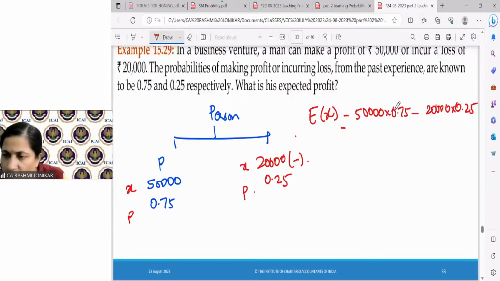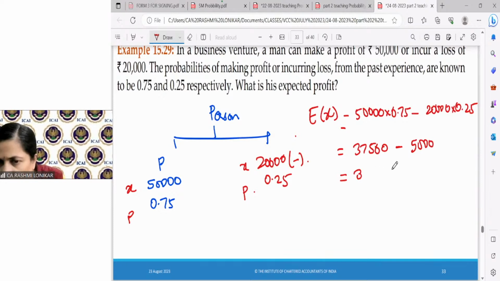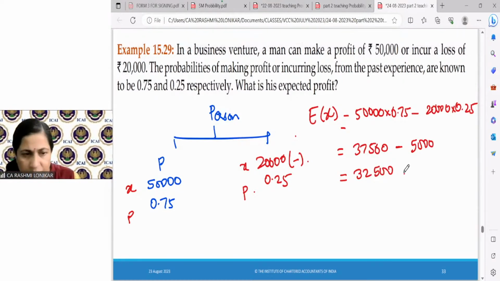So 50,000 into 0.75 is 37,500, minus, how much is this? 1/4 of 20,000 will be 5,000. So you have 32,500 as the expected profit.